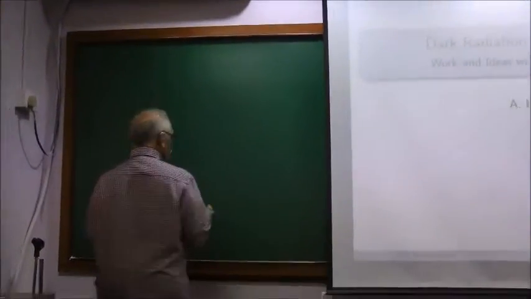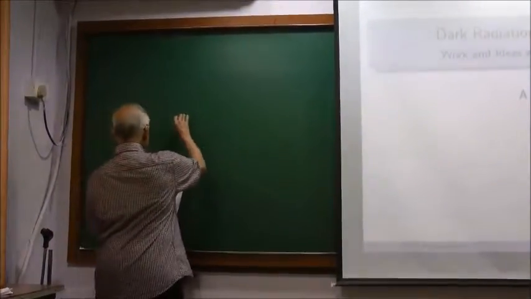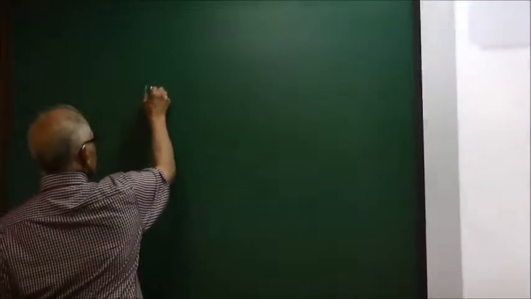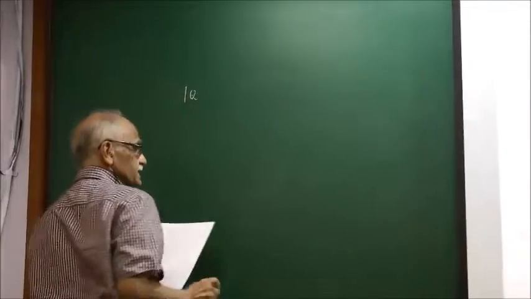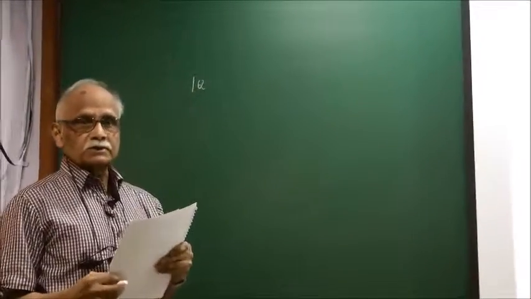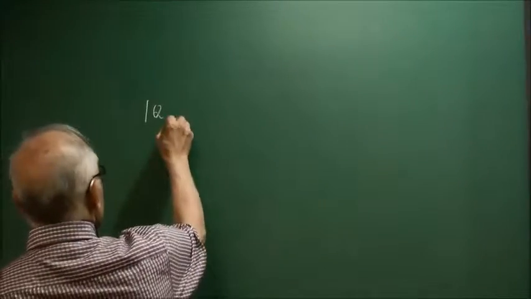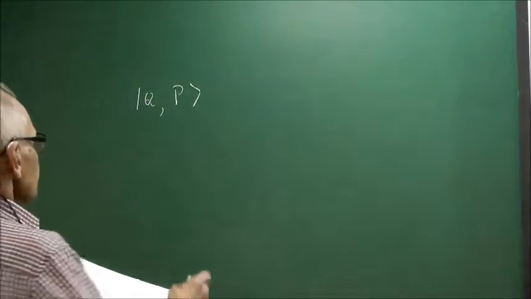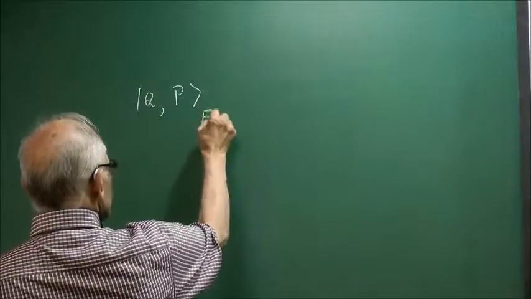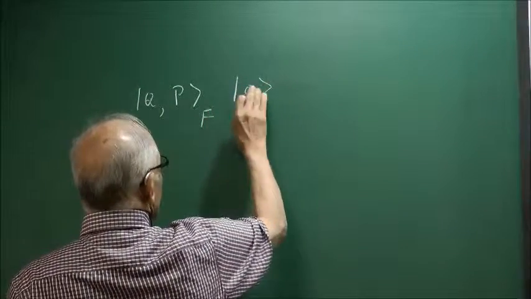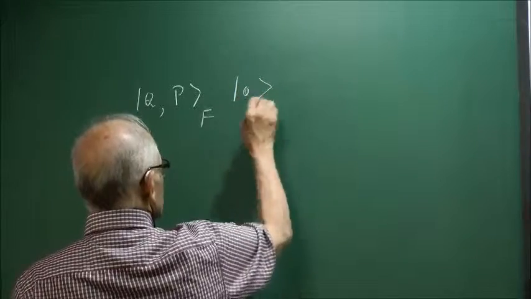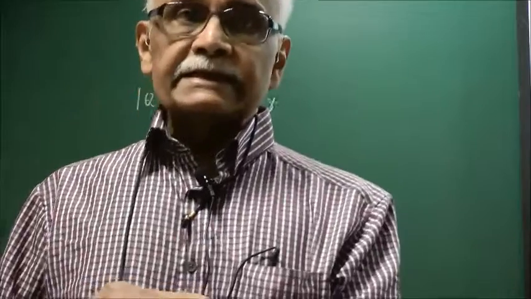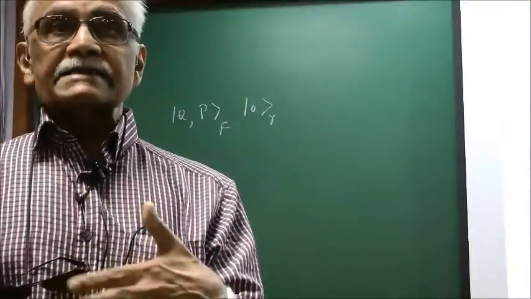Normally, if you do perturbation theory, what one starts with is, for example, a charged particle. Suppose you have several particles of total charge Q and total momentum P. It may be that this is composed of several individual momenta. I take it in the Fock space, and I take the vacuum of the photon in the Fock space. This is the Fock space vacuum, and normal scattering theory will take this object and ask what is the in-state.